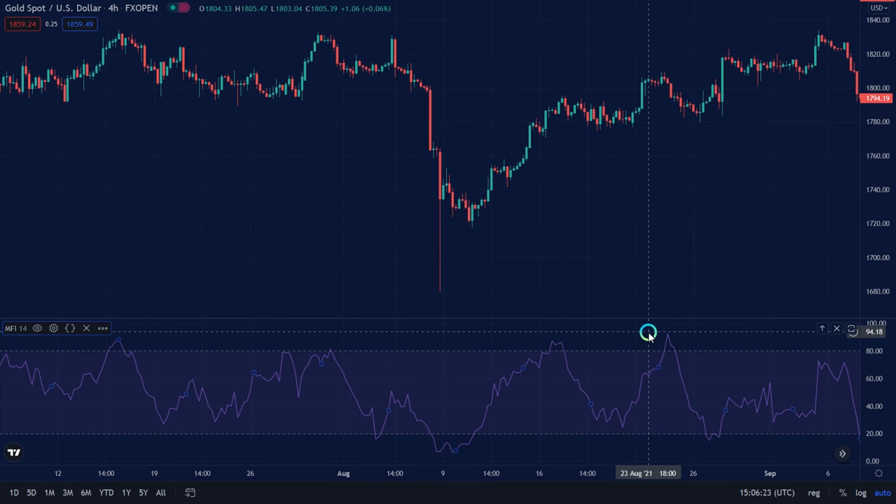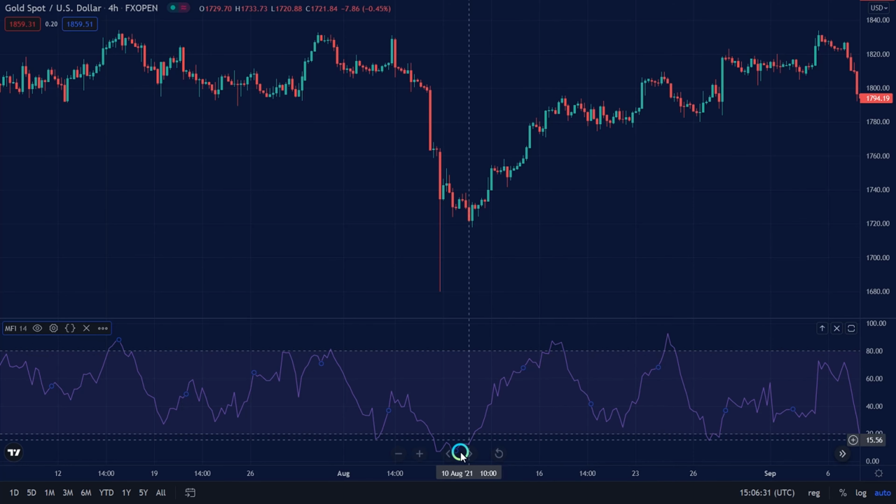There are many uses of this and ways traders use it, but the most common is the two lines that you can see here. It is the 80 and the 20 line.